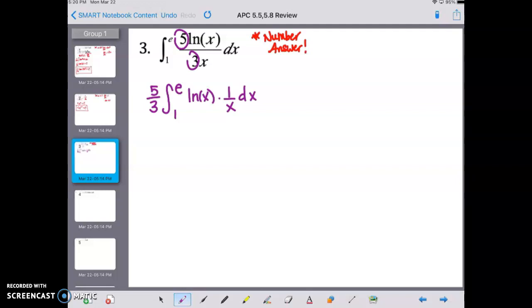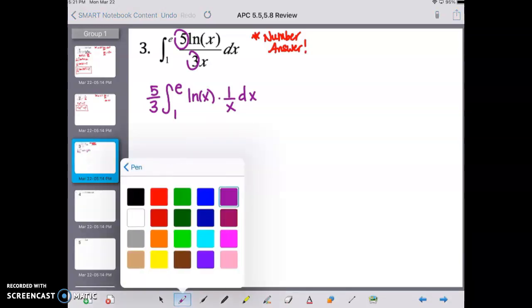And again, when I think about what I want to let u be, I always want to choose u so that, if possible, the derivative of u is part of my integral. So if I let u be ln x, the derivative of natural log x is 1 over x, which is part of my integral. So that's actually going to work out nicely.